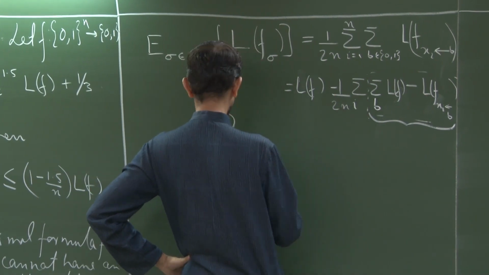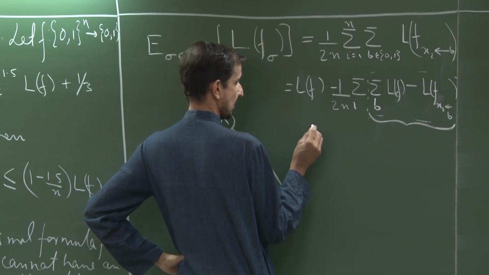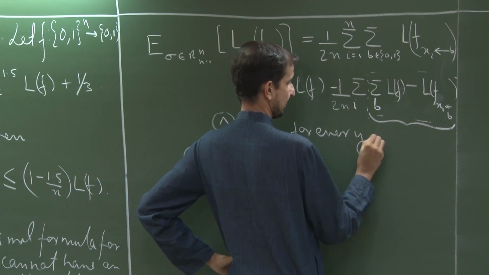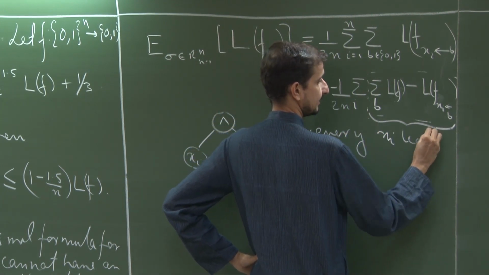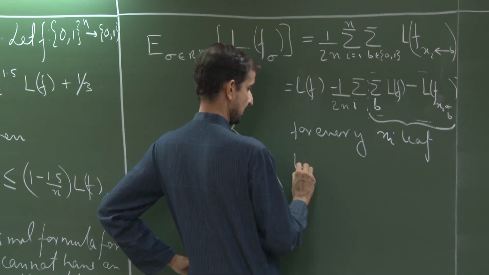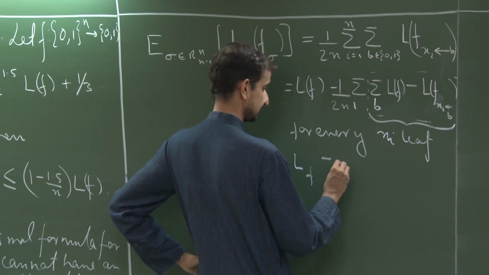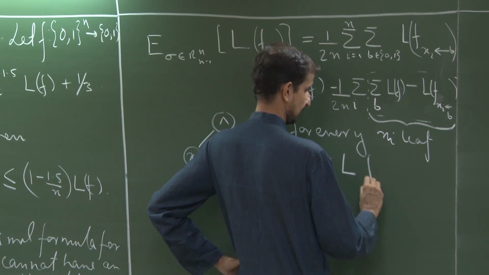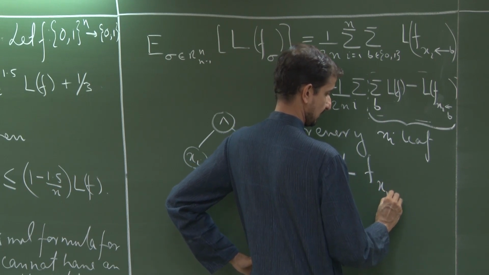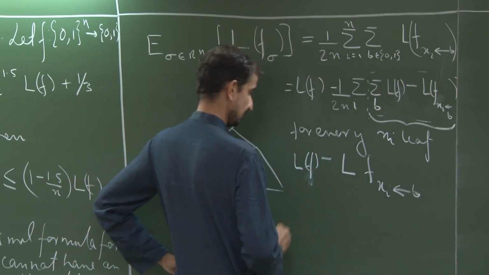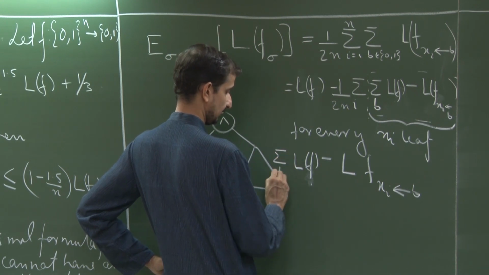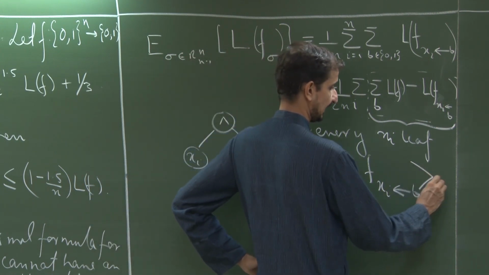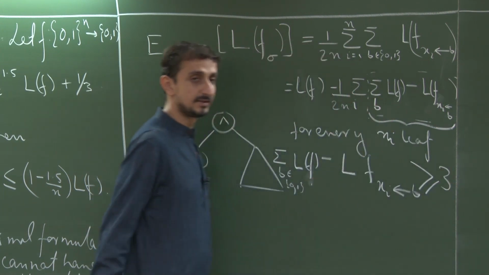Here what this is saying is that if we have a structure like this, then for every xi leaf, L of f minus L of f with xi getting a value b, summed over b belonging to 0, 1, is at least equal to 3.